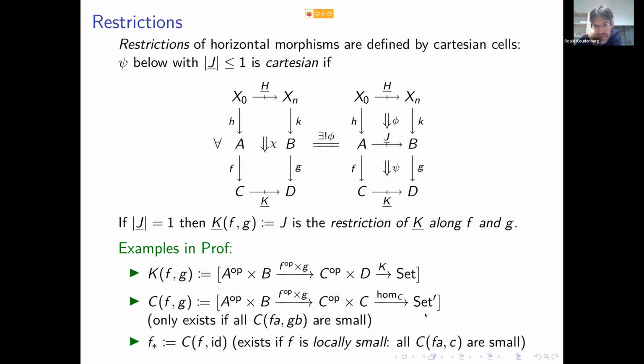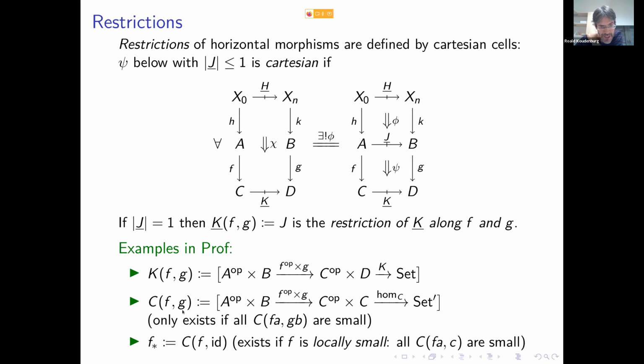Well, these might be large, right? So they might land up in a category of large sets. So this only gives us a Set pro-functor. It only gives us a horizontal morphism in Prof if each of these homsets are small.